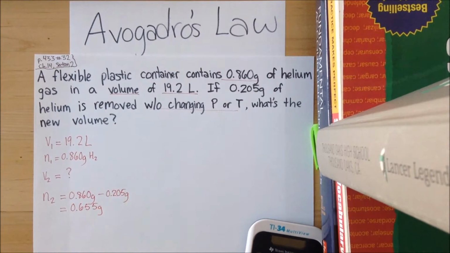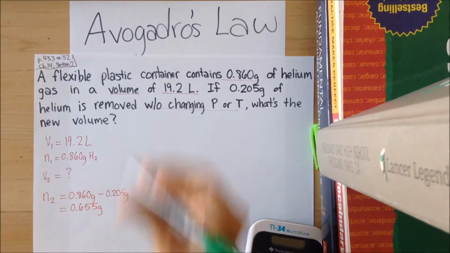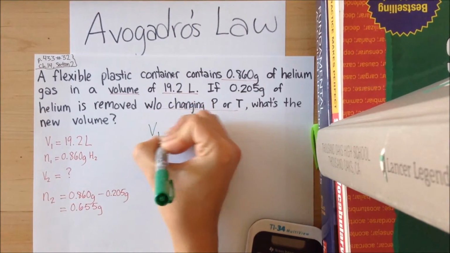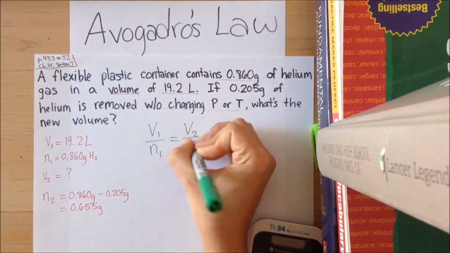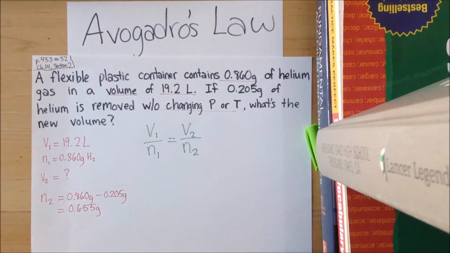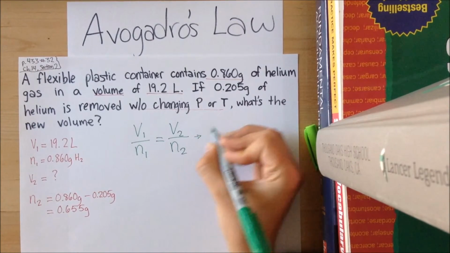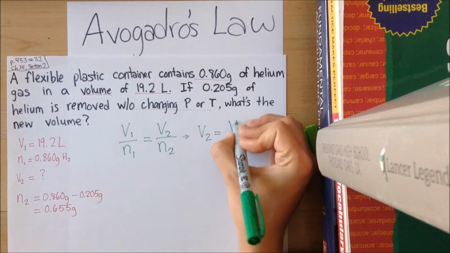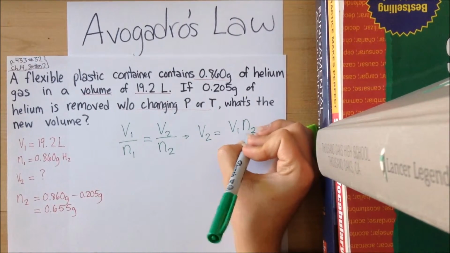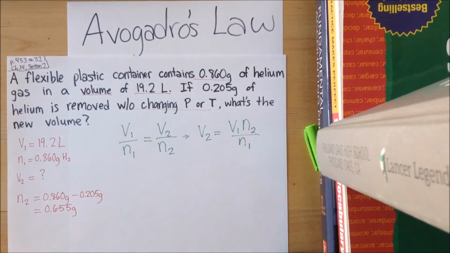Now we can use the formula that relates these two situations together, V1 over N1 equals V2 over N2. And if we rearrange this, we get that V2 equals V1 times N2 over N1.